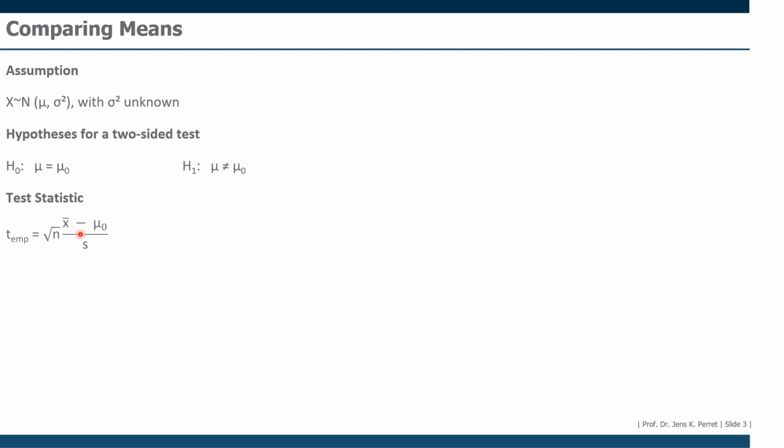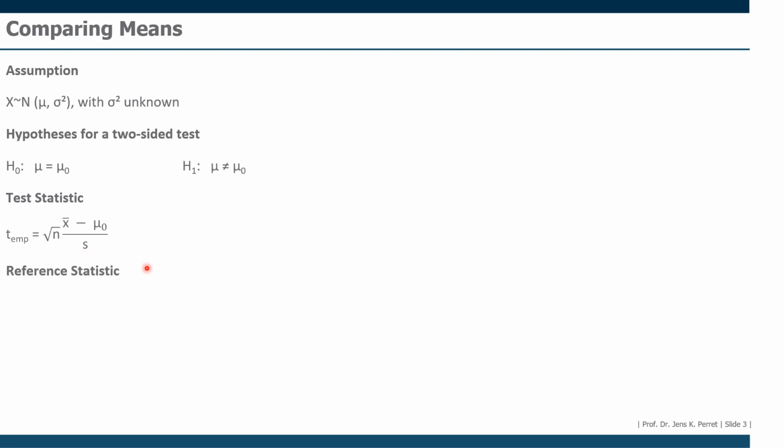The only difference being, we do not know the standard deviation. So we first have to calculate the standard deviation on our own. So we use the sample standard deviation. That's why I have a small s here. That's the standard deviation which we calculated, the sample or corrected standard deviation.